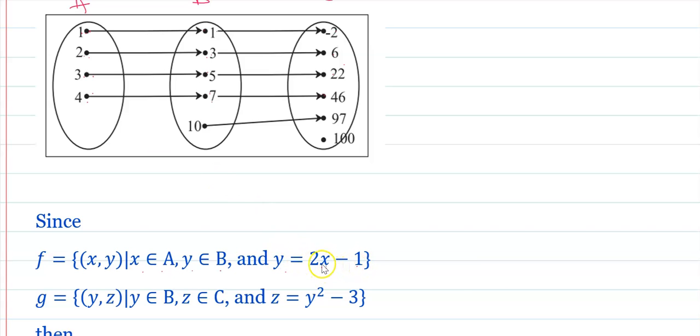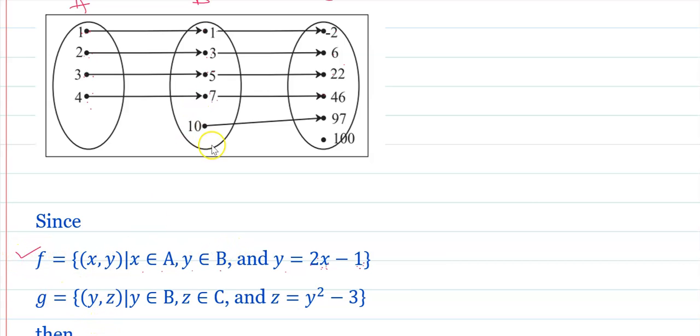If I take x as 2, that is 2 into 2, 4. 4 minus 1, you will get 3. If I take 3, 3 into 2, 6, 6 minus 1, it's 5. Next, if I take 4, 4 into 2, 8, 8 minus 1, then I will get 7. And in this way, f is defined like this.